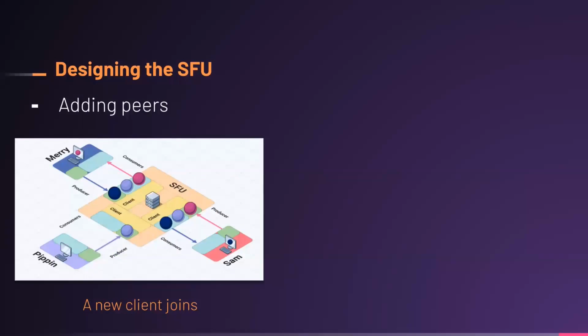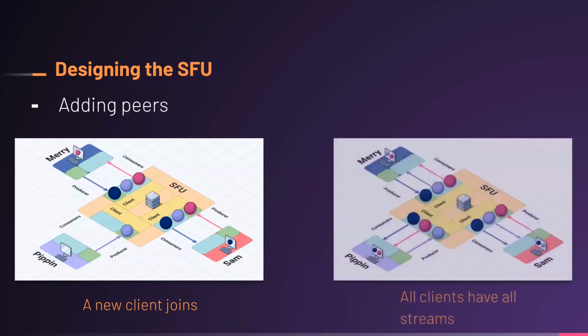Let's say, for example, we wanted to add Pippin to our call. Well, when Pippin joins the call, he negotiates his upstream connection with the SFU, which is then a new negotiated WebRTC connection with the existing callers, Sam and Mary. Then Pippin can have Sam and Mary's media streams negotiated with him individually as well.